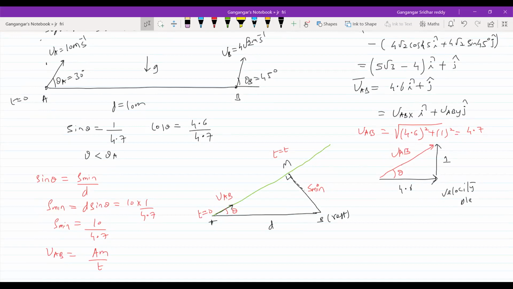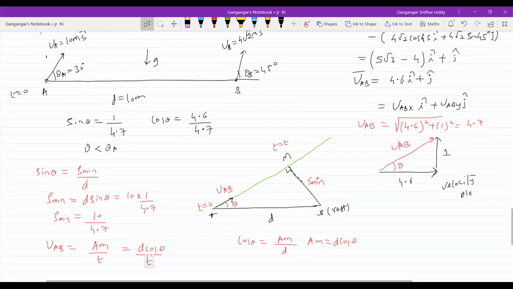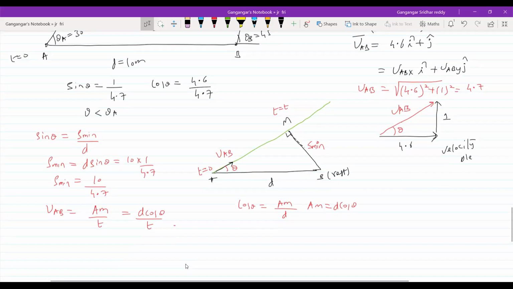For that I go for cos theta: cos theta equals AM by D, or AM equals D cos theta. So finally T is equal to D cos theta by U_AB.